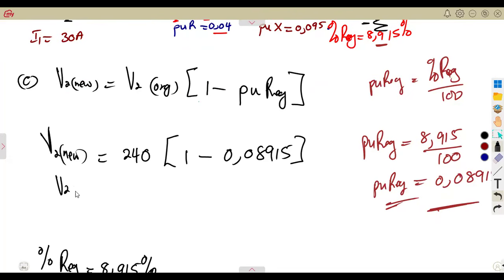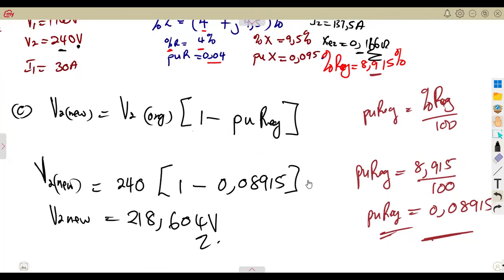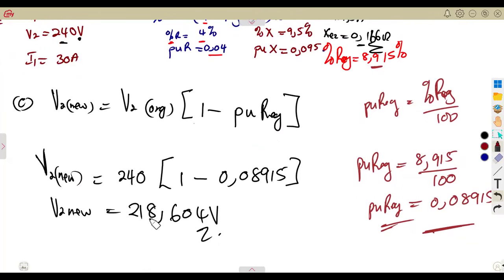This was going to give us the new voltage at the secondary terminal side, and that was 218,604 volts. Okay, so that is the condition there. Comparing this with the V2 original that we had here, 240, and the new one that we are seeing, we can see that our V2 new is less.